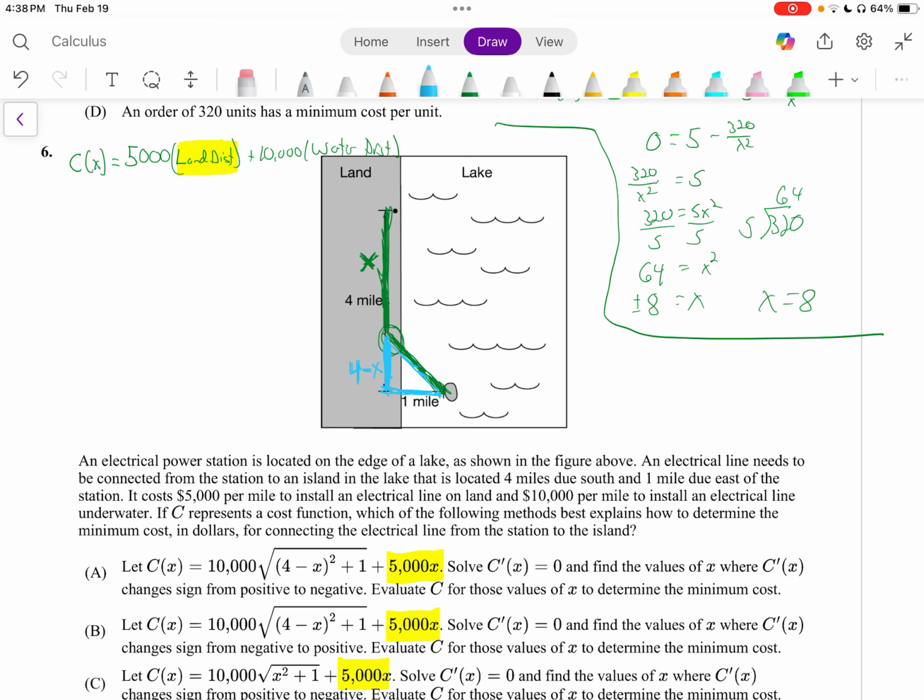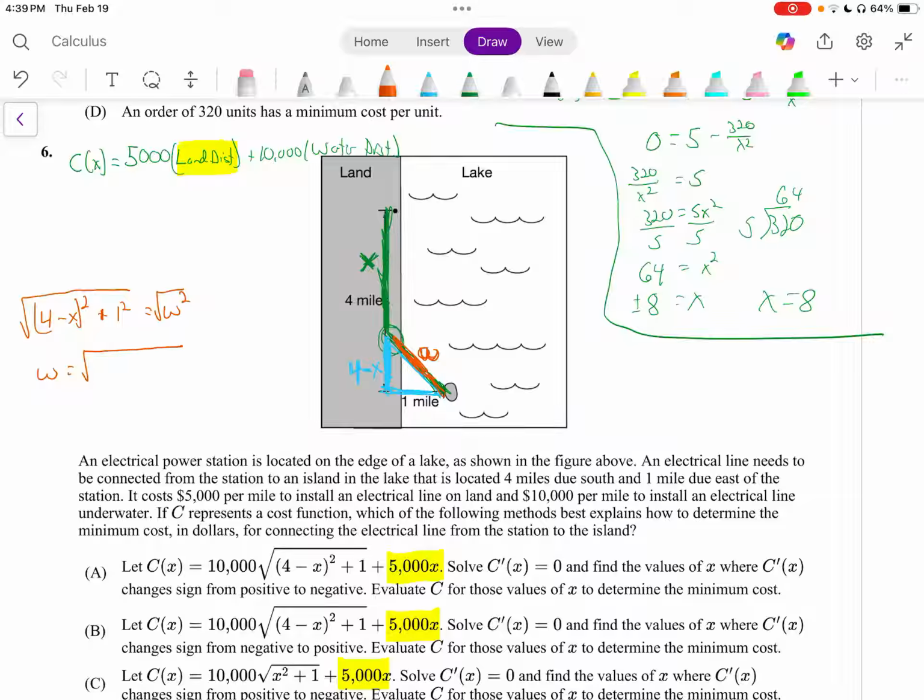And so we can use the Pythagorean theorem to find this length here in the water. So let's just call this W for water. We can say (4 minus x) squared plus 1 squared is equal to the distance in the water squared. We can take the square root of this, and so the distance in the water, we could put plus or minus, but we want a positive distance.